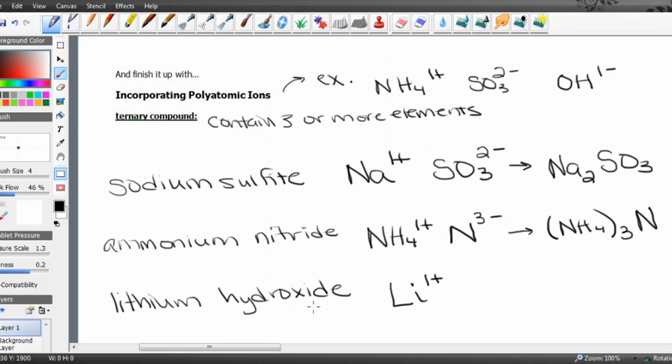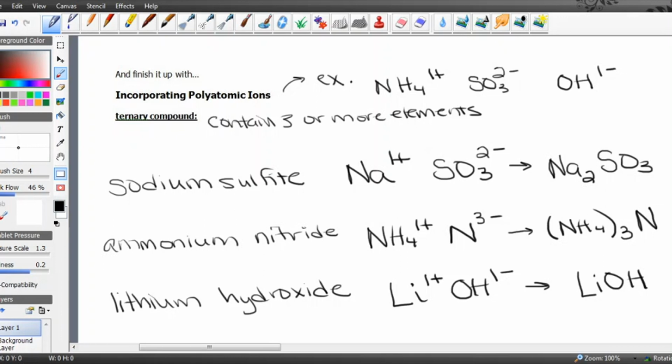Like I said, normally when it ends in "ide," we're referring to the element. But there's no element, you guys, called hydroxygen. Hydroxide is this polyatomic ion. It's this OH 1 minus. Oh, look, a 1 plus and a 1 minus just already cancel each other out. I only need 1 of each.